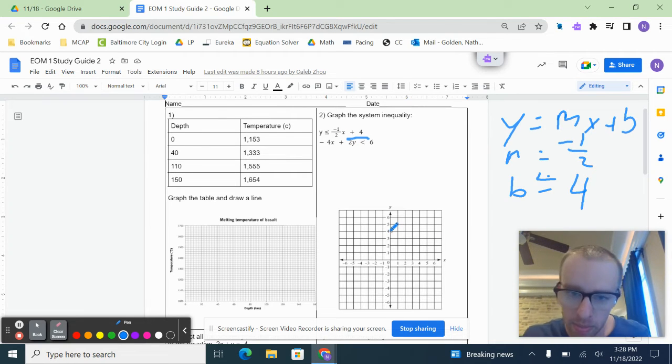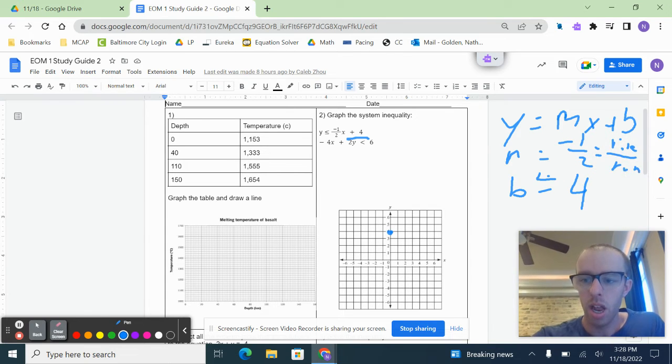The b tells me where to begin, so I'm going to begin here at positive 4. And the slope tells me the pattern that I need to continue. Remember, slope is always rise over run. So the rise is negative 1, so I go down 1, and then I run 2, over 1, 2, put a point.